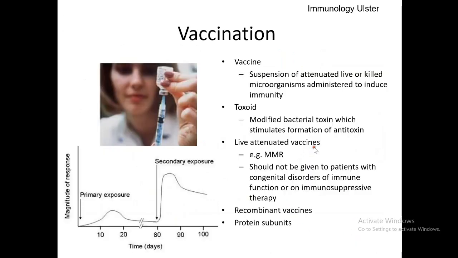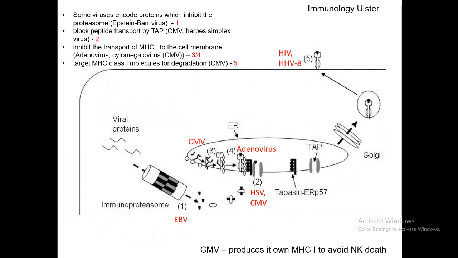If you stop that migration, then we have a problem because the MHC will never reach the surface, which means the T cells will never be able to recognize that there's a virus present. And then lastly, there are some viruses that manage to actually physically degrade the MHC1, and that will subsequently prevent presentation.